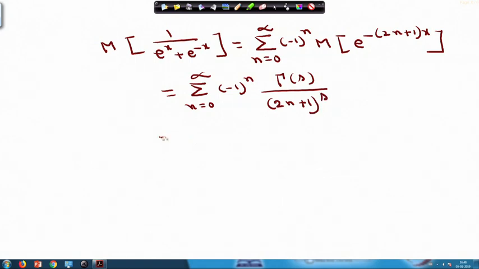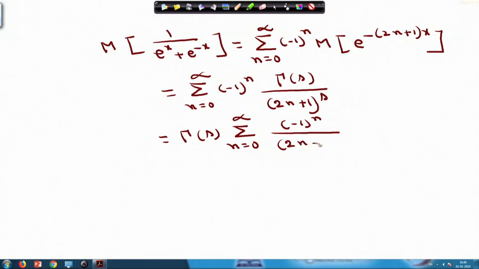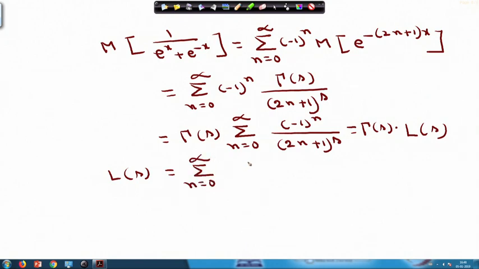So, once I am writing this, gamma s I can always bring outside. So, this equals gamma s times summation n equals 0 to infinity, minus 1 whole to the power n by twice n plus 1 whole to the power s. This equals gamma s into L s, where L s I can write down as this series, summation n equals 0 to infinity, minus 1 to the power n by twice n plus 1 whole to the power s.